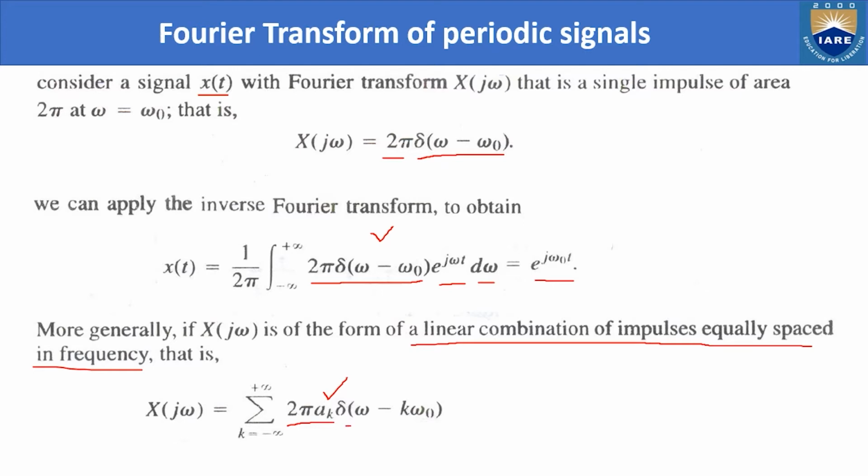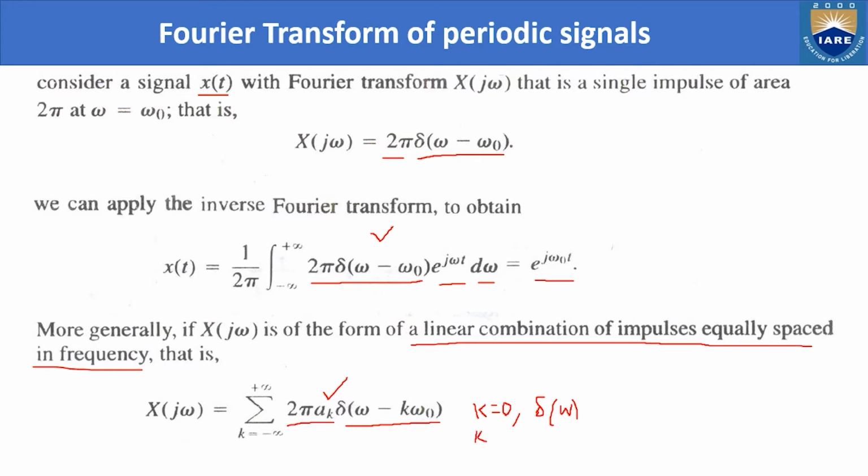So what is the delta function here? Delta omega minus k omega naught. So when k equal to 0, it is delta omega. That means a unit impulse in the frequency domain at omega equal to 0.